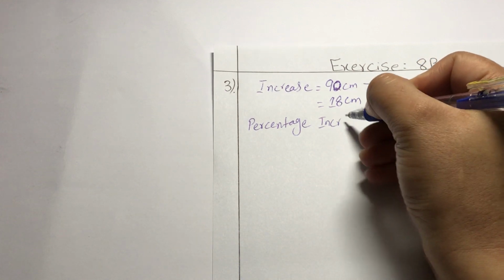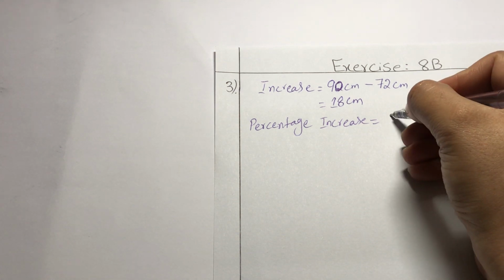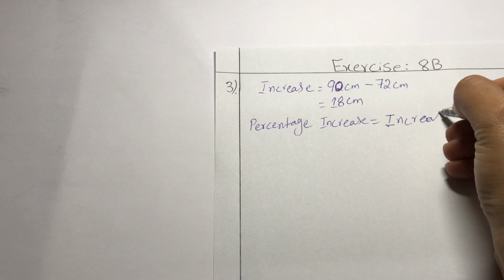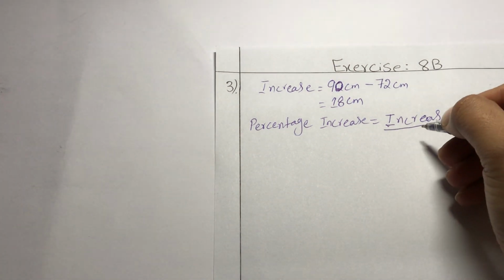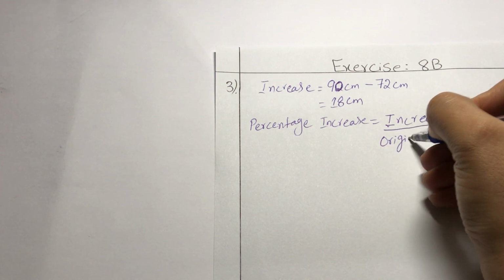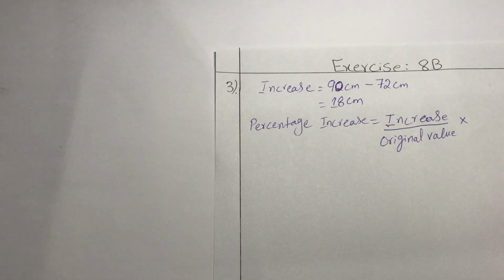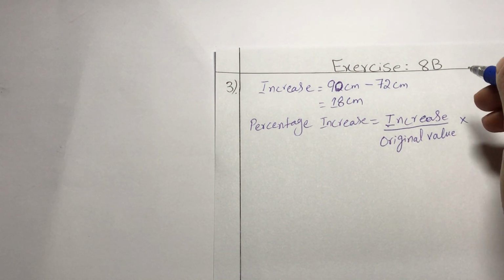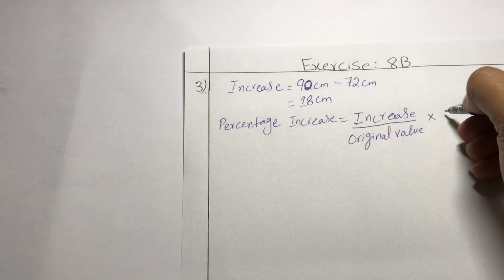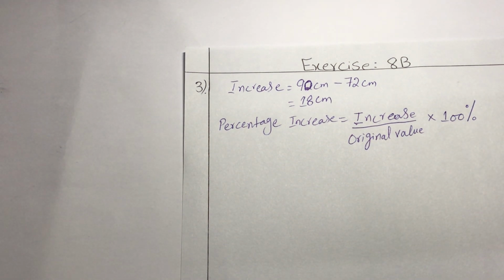Percentage increase would be equal to increase in the length divided by its original value, and to convert a fraction into a percentage, the procedure we have used in our exercise 11a is to multiply the fraction with 100%, right?